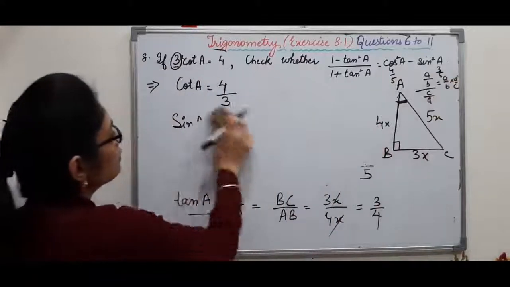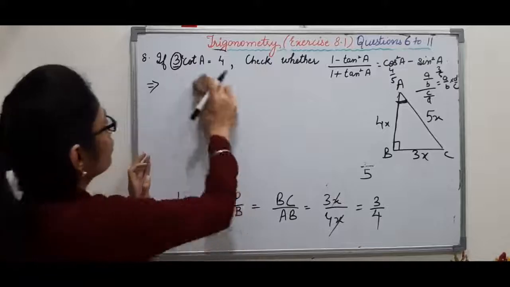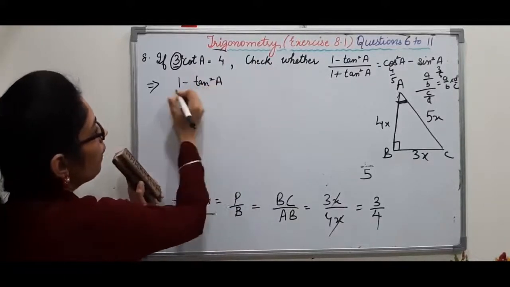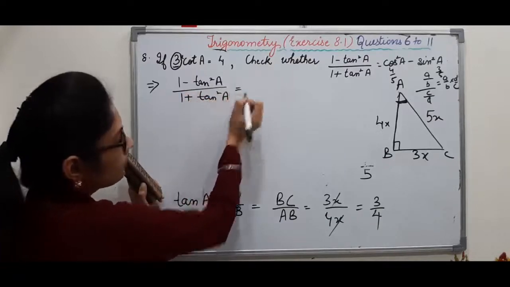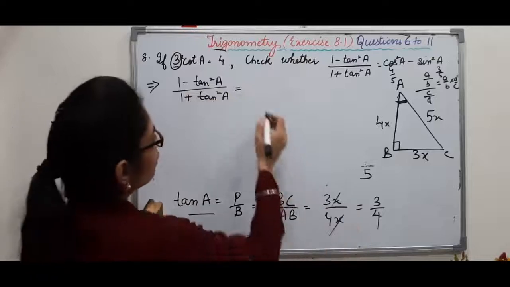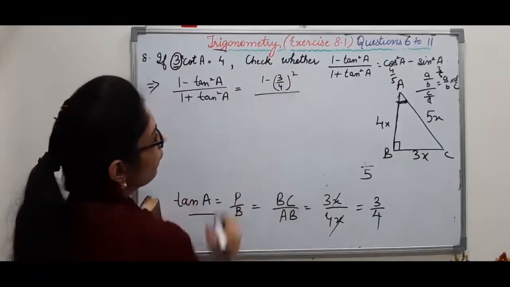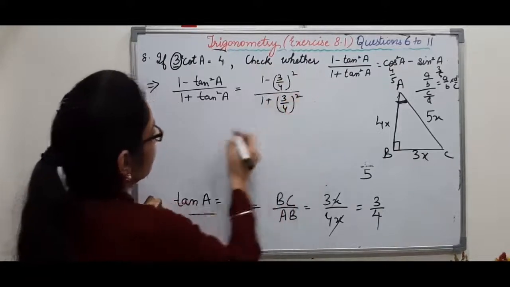So 1 minus tan square A upon 1 plus tan square A. Tan A is 3 by 4, so it is 1 minus 3 by 4 whole square upon 1 plus 3 by 4 whole square.